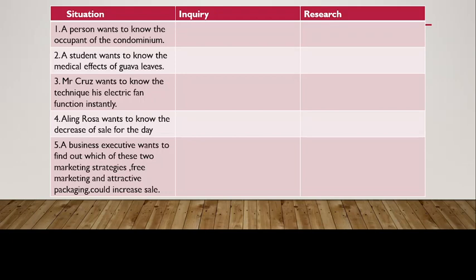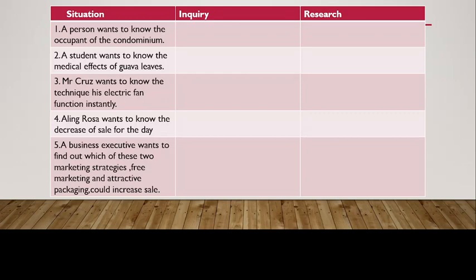Since nabitin tayo, we still have another evaluation on inquiry and research understanding. So I have here a table. You are going to determine whether inquiry or research is applicable in a given situation.